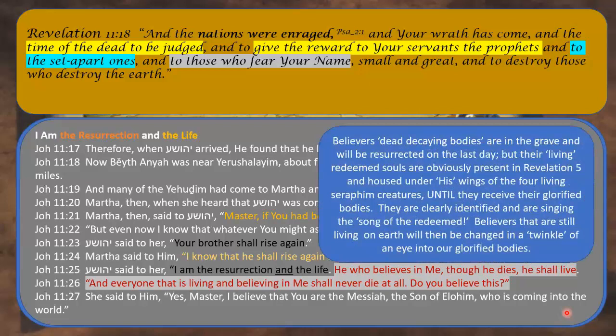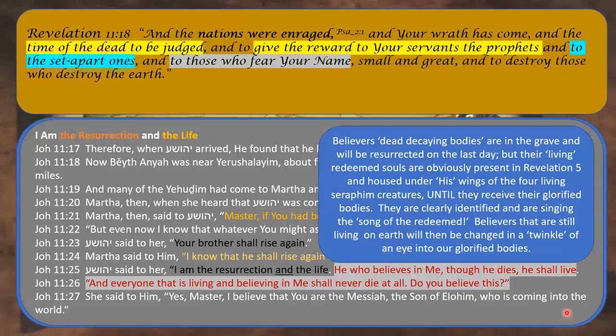So believers' dead, decaying bodies are in the grave and will be resurrected on the last day. But keep in mind, when Yahusha, his death, burial, and resurrection, in Revelation 4:1, it talks about a door that had been opened, that partition of separation had been opened.